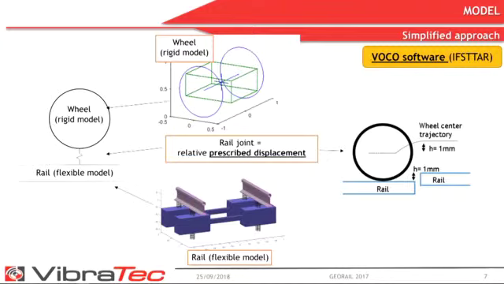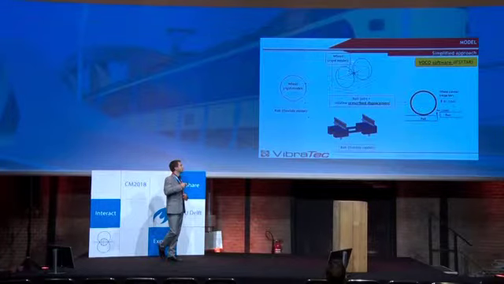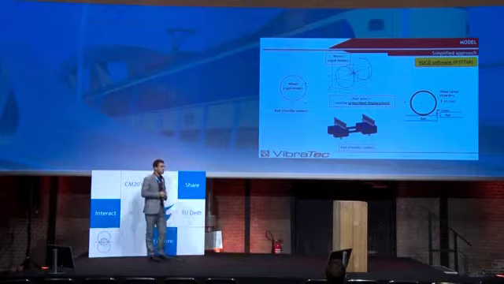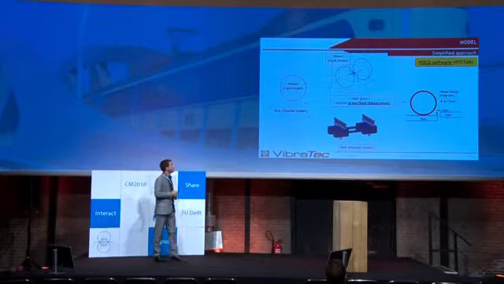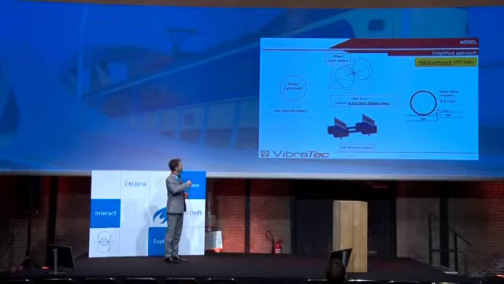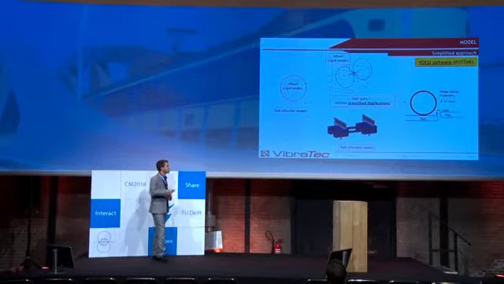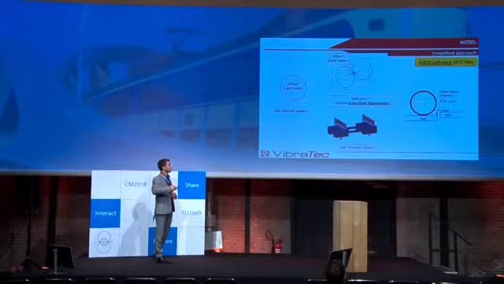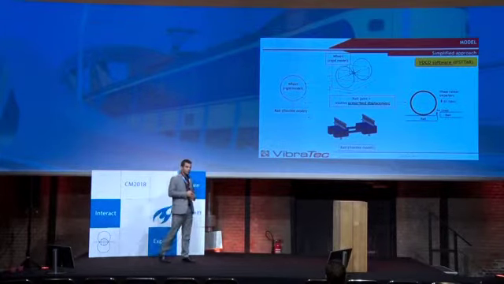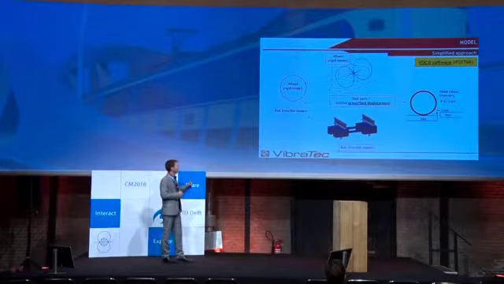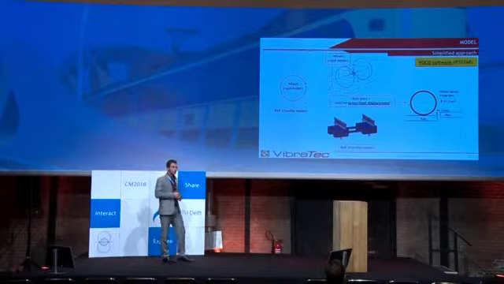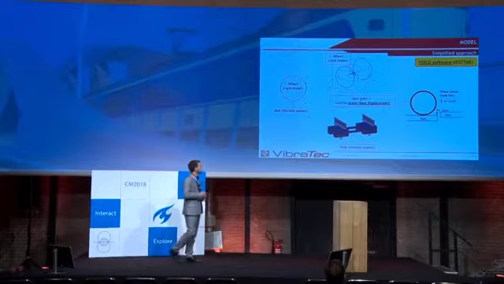So the wheel set is a rigid wheel, rigid axle, and suspended mass. In between the wheel and the rail, we have contact, and the joint is described by a relative prescribed displacement, and so we input the wheel center trajectory in the spring, which represents a Hertzian contact.